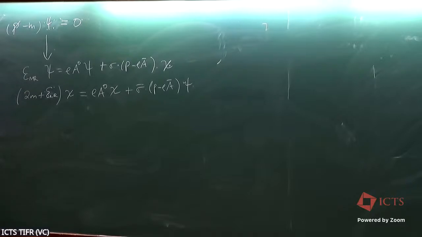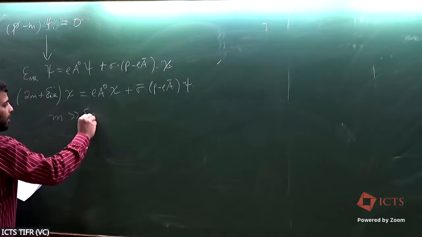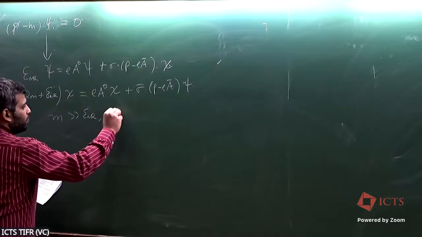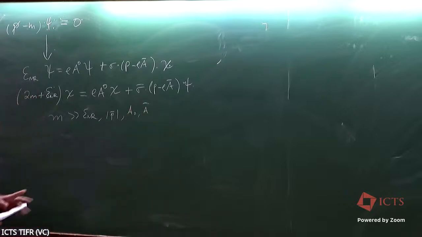But for the time being, let's try to see what is the result that we get. So ε_NR is my relativistic energy going as m plus E_NR. Again, I demand that I want to work in the non-relativistic limit, which means m is greater than ε_NR, it is greater than the momentum, and it is greater than any of these electromagnetic field components.